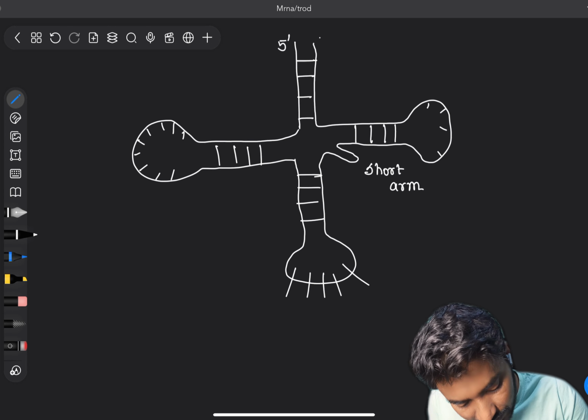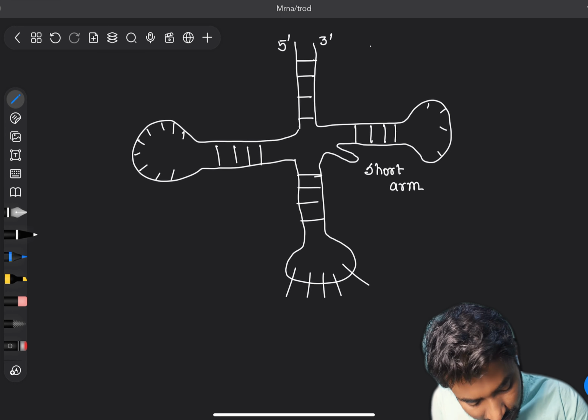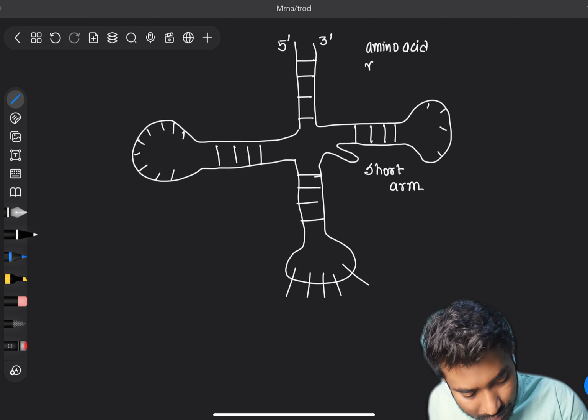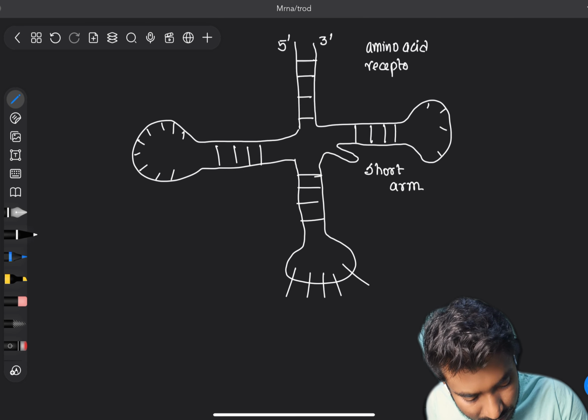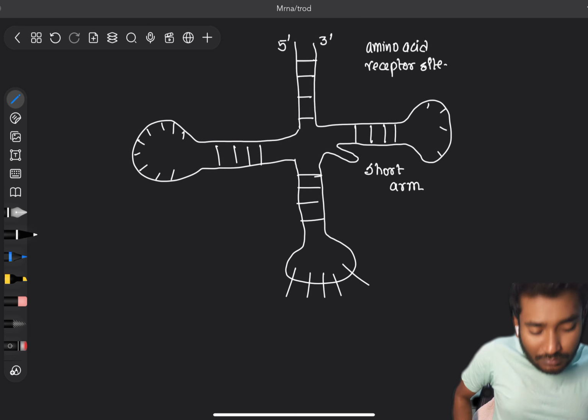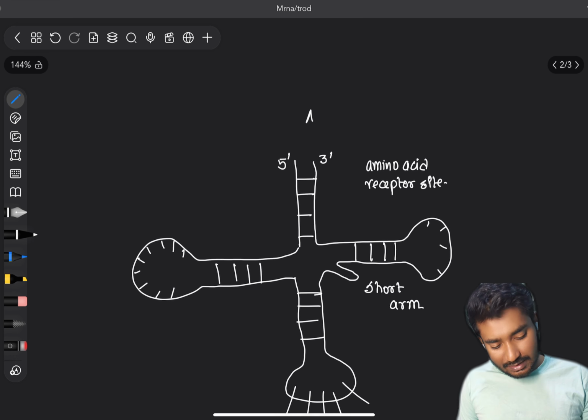It is 5', it is 3'. Amino acid receptor site, ACC.